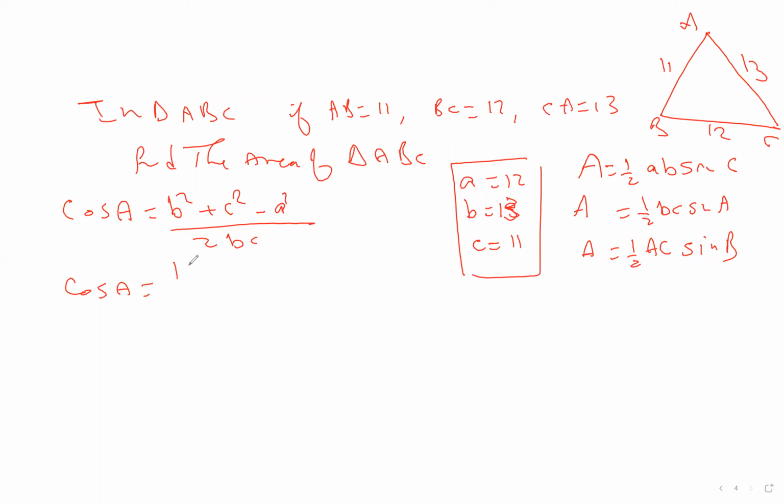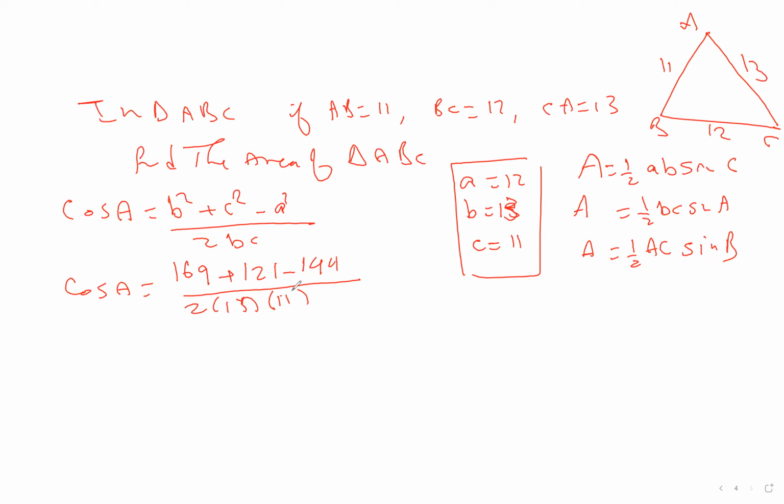B squared will be 169, plus C squared, 121, minus A squared, 144, divided by 2 times 13 times 11. And you can find the cosine of this angle, and by finding the inverse of the function, you can find the angle itself. Could you calculate it with me?